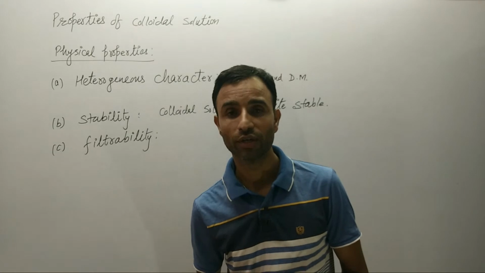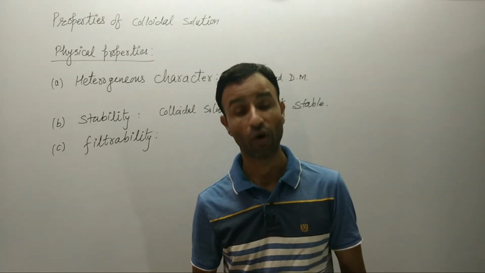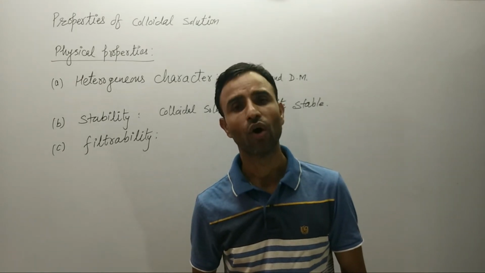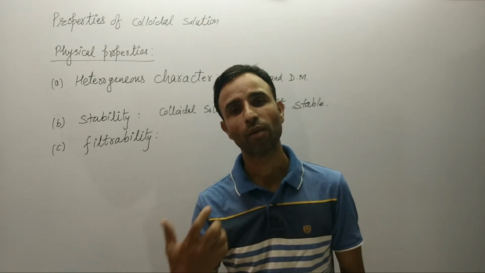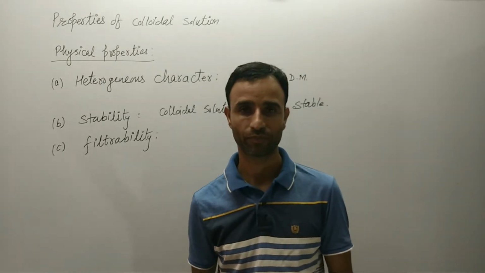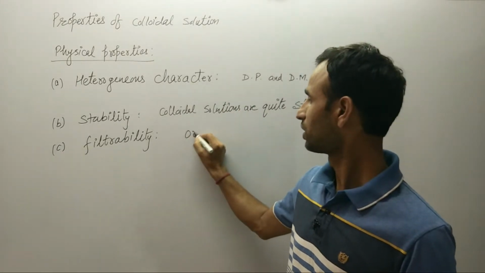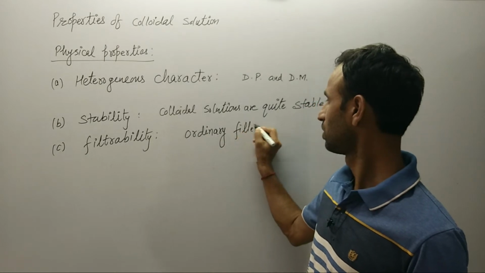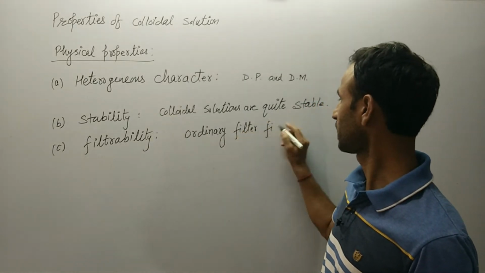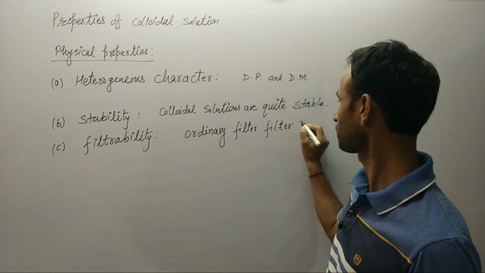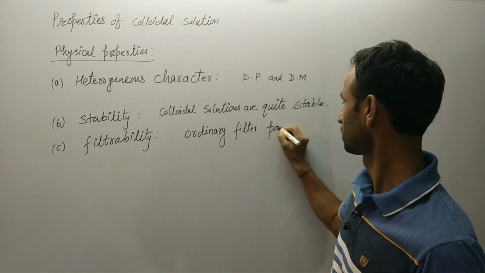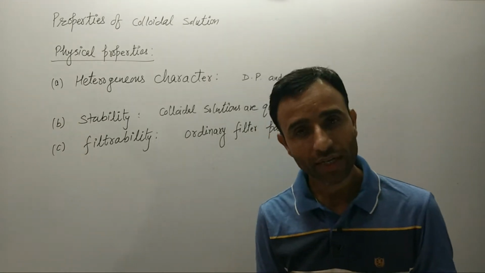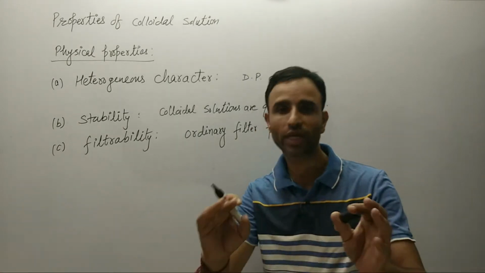But if we use ultrafilter paper, or we use membrane, parchment paper or animal membrane, then colloidal particles cannot pass through it. So what I told? In ordinary filter paper, pore size is large, that's why colloidal particles as well as true solution particles both can pass through it.